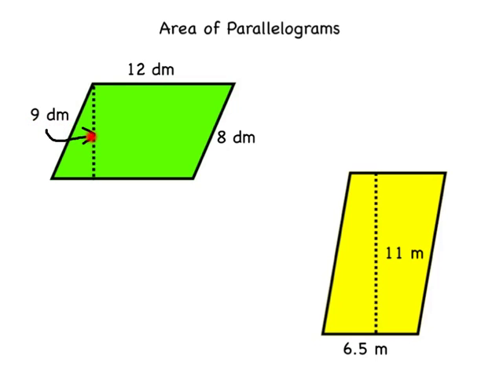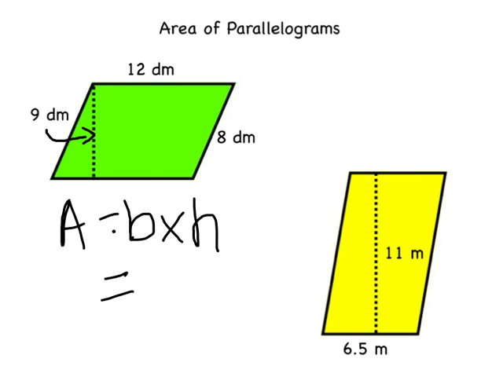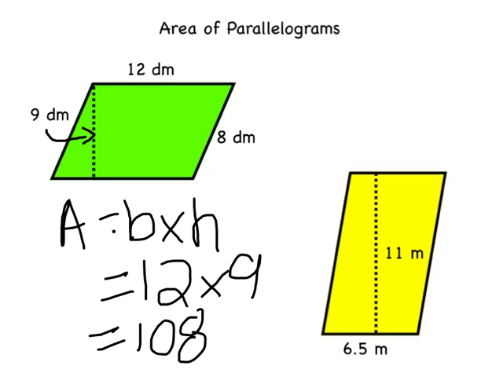And it's the height, and that's why the arrow is pointed to the dotted line. So area equals base times height. Okay. So I have 12 times 9, same numbers as last time, and it's still 108 decimeters square.